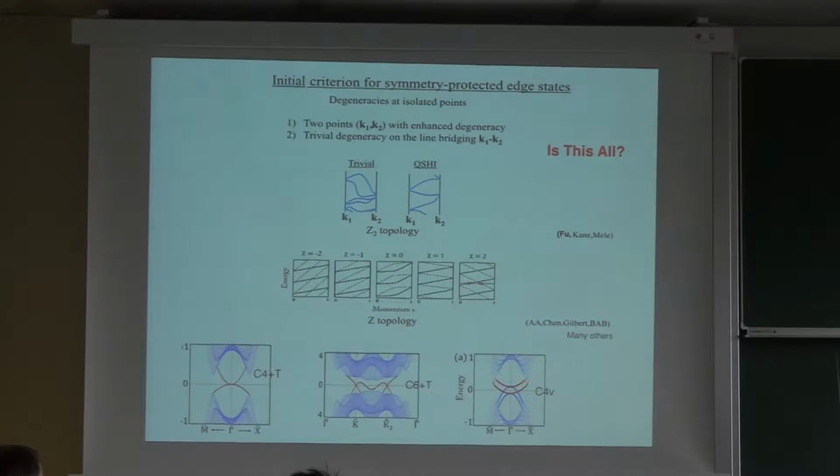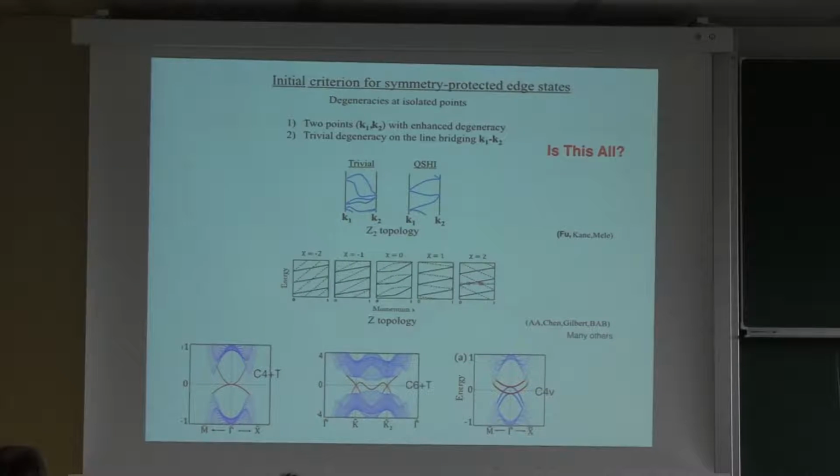And the reason for that, as I said, is that once you have a twofold irreducible representation at 2 different points, you can connect the bands either in a trivial way, by creating impurity surface states, which are trivial, or you can connect them in this weird quantum spin Hall-ish way. So this was actually known for, I guess, years.